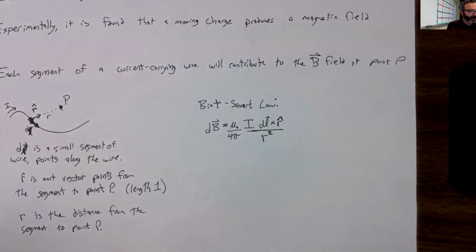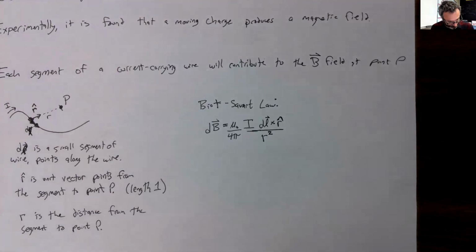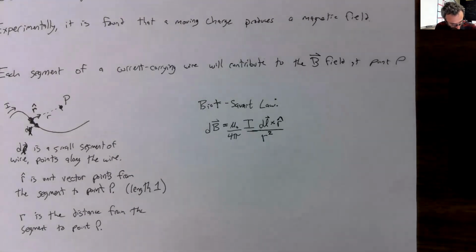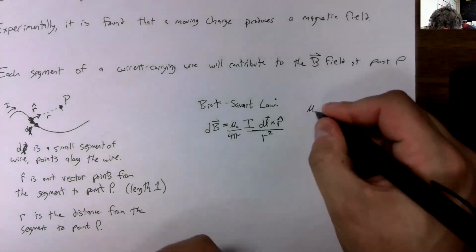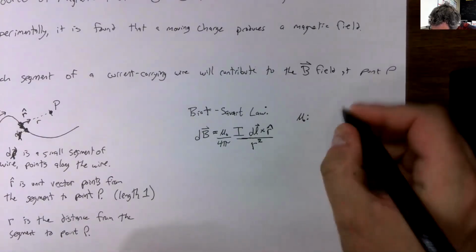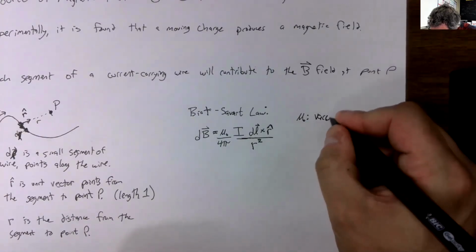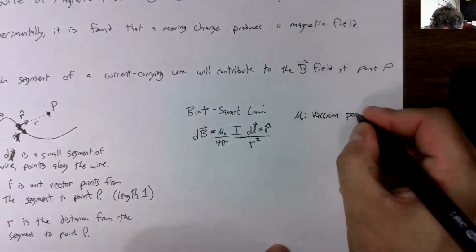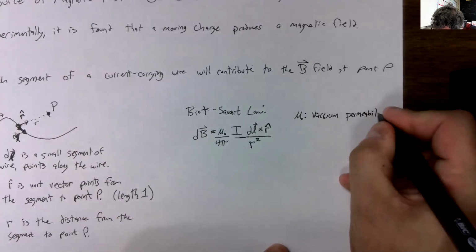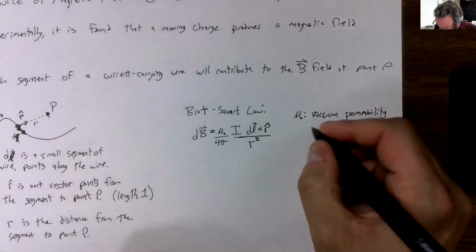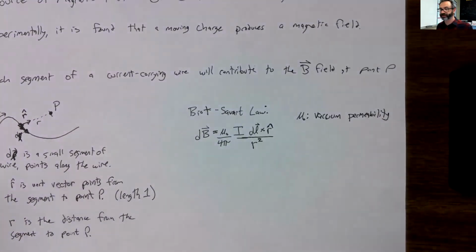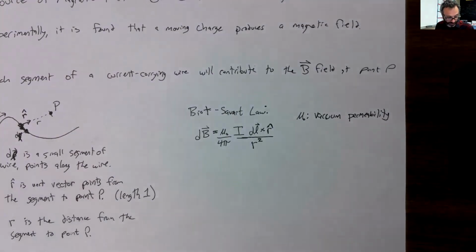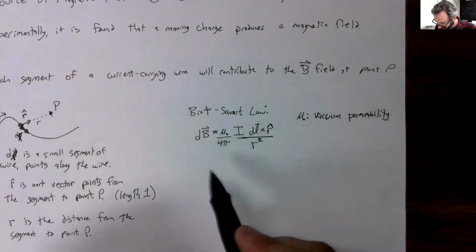And we learned that mu naught is kind of the magnetic equivalent of epsilon naught. Mu naught is known as the vacuum permeability. Just like we have epsilon naught, which basically gives us the relative strength of the electric force, mu naught gives us the relative strength of the magnetic field.